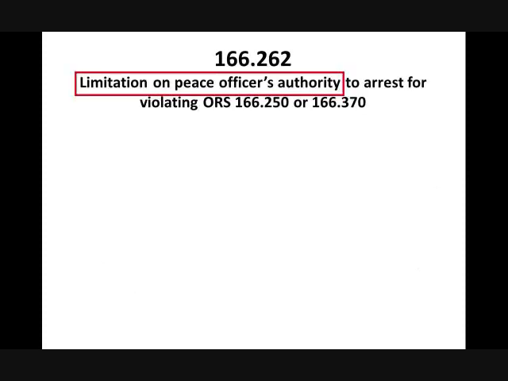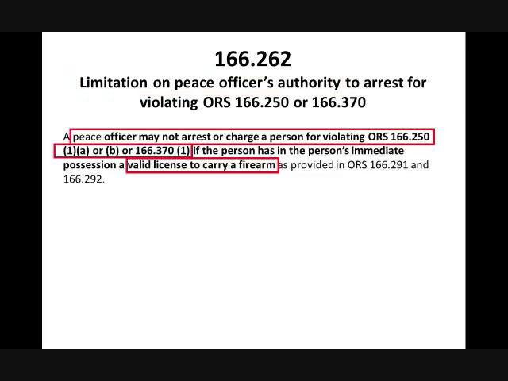And that brings us to 166.262, which is limitation on peace officers' authority to arrest for violating ORS 166.250 or 166.370. A peace officer may not arrest or charge a person for violating 166.250 subsection 1A or B, or 166.370 subsection 1, if the person has in the person's immediate possession a valid license to carry a firearm as provided in the ORS.